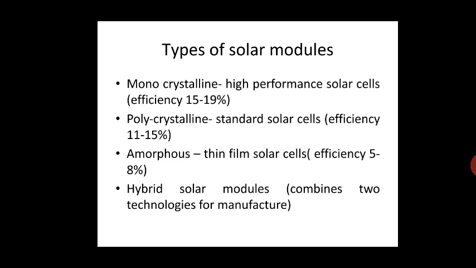Hybrid solar modules combine two technologies. They can use small hydropower and small wind energy systems, so that in the absence of sunlight you can still generate electricity.